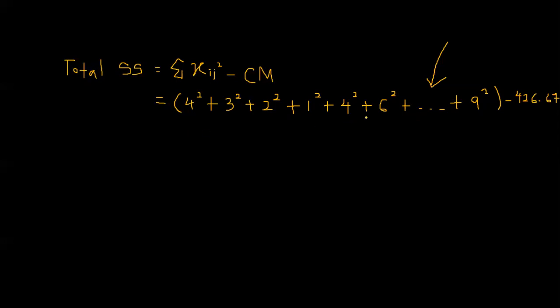Okay, so you must show 4 square plus 6 square plus the next is 7 square and then plus 8 square plus 4 square until 9 square. So please show all value. Because there is a marks here.